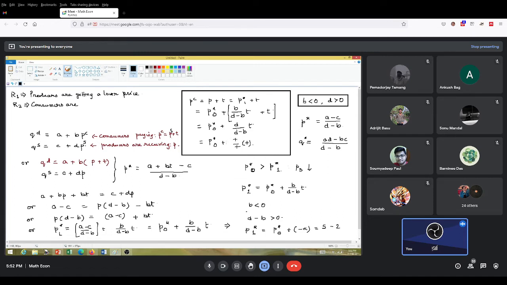So that means you are adding a positive amount. So this implies that the price consumers are paying is higher than P star 0. So consumers will pay a higher price.